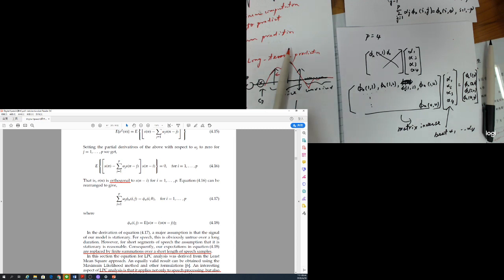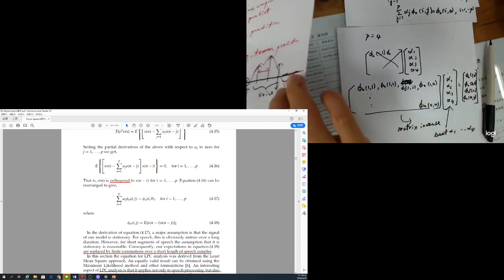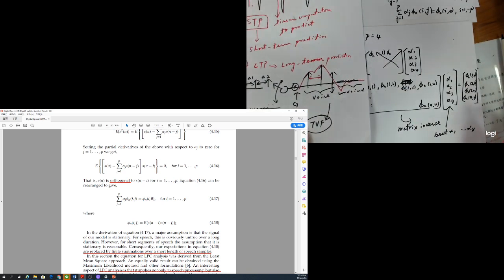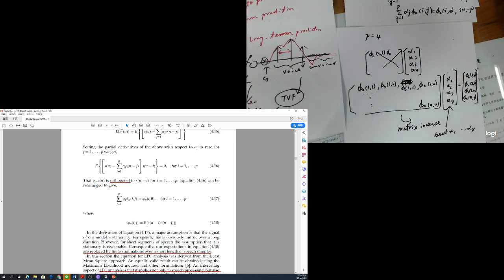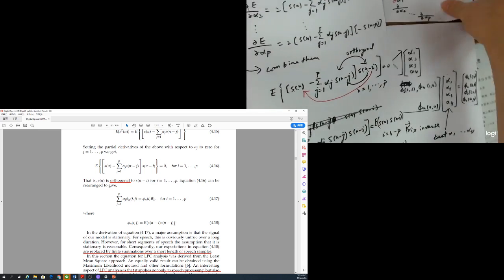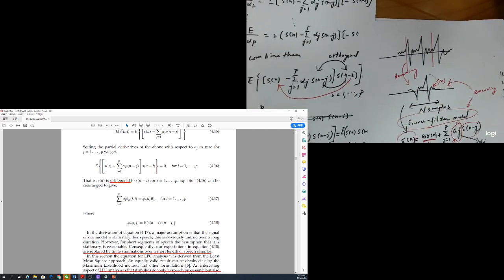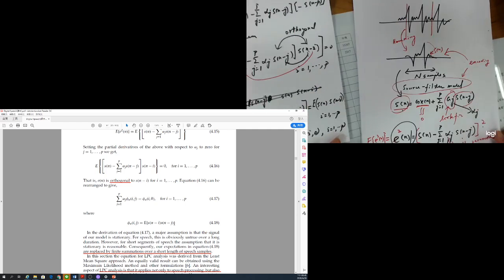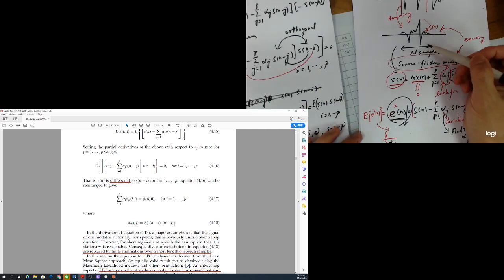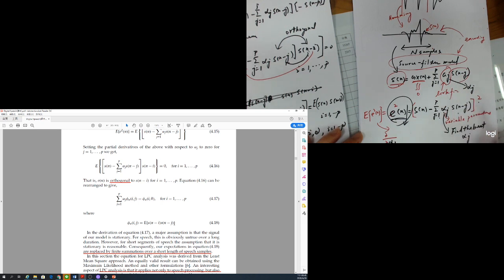So you can see what we have to do. We try to calculate our short-term prediction coefficient based on the inverse of your matrix. So you can see it's very straightforward. What we did in the beginning: in the linear prediction, based on this input signal, we try to get the best matching coefficient.